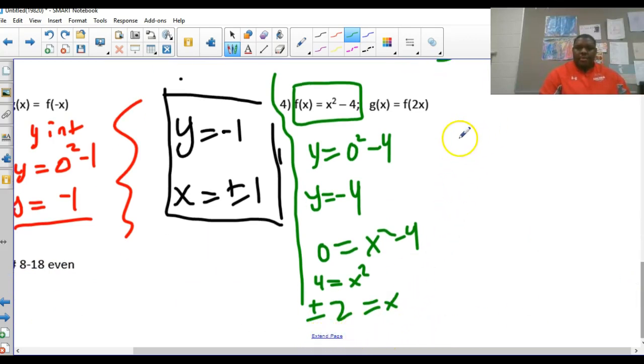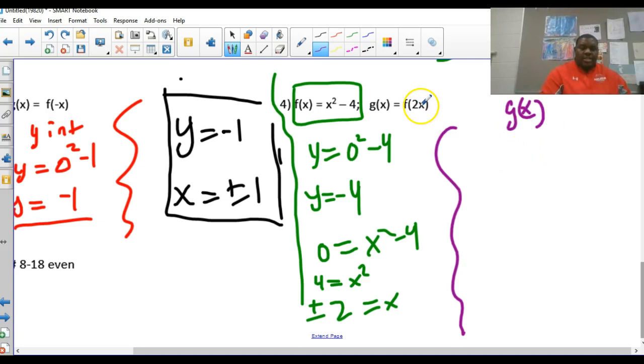Now, for the g of x intercepts, what changes right here? This is 2 times x. So that means the y doesn't change. Y equals negative 4. But now the x, you have to multiply by 2.